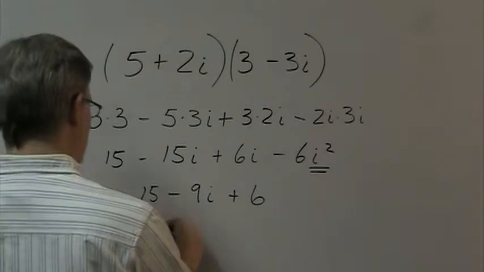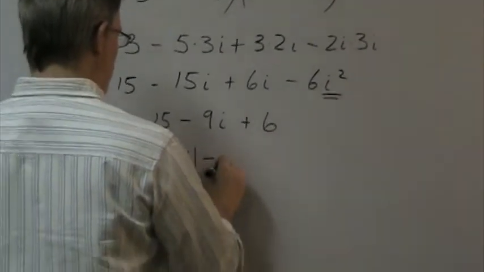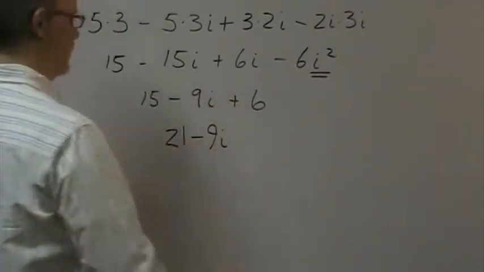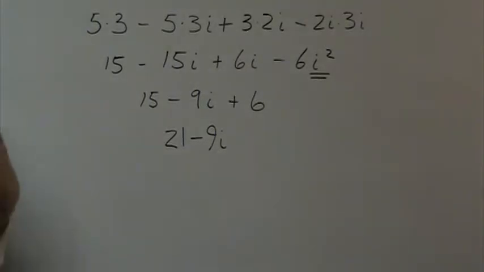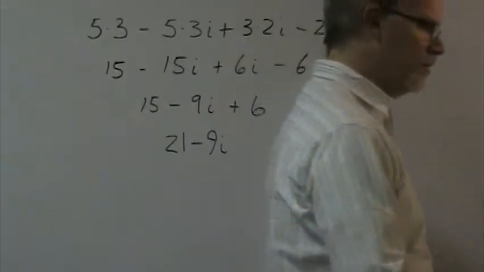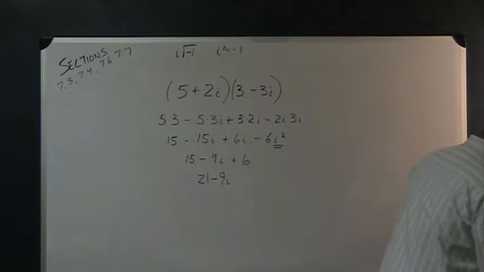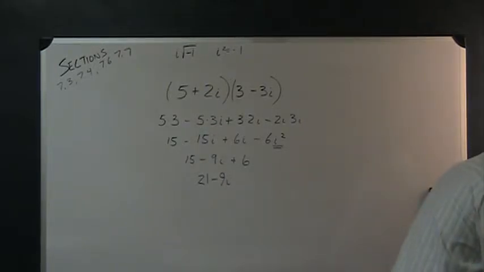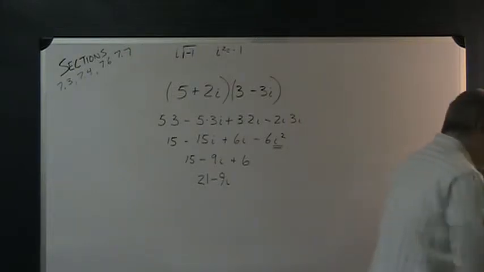So 15 plus 6 gives you 21 minus 9i. See how easy that is? It's all the same thing, but now we simply have a way to solve these problems.